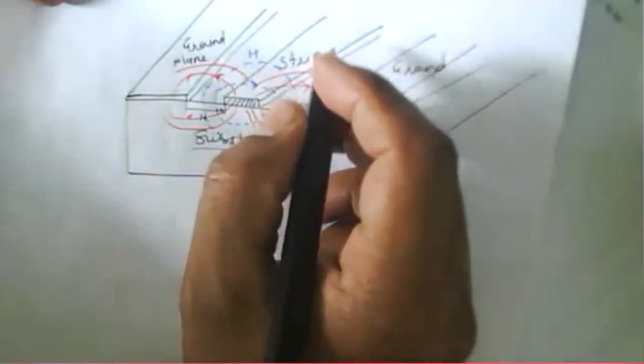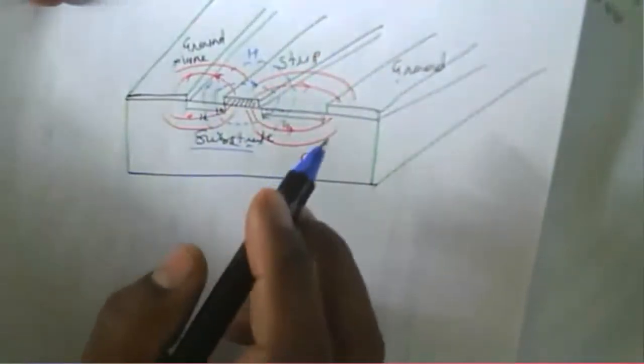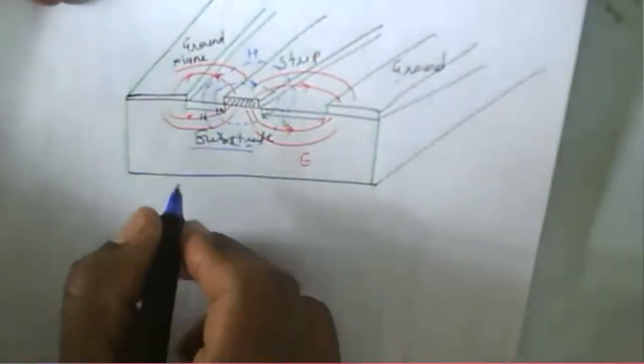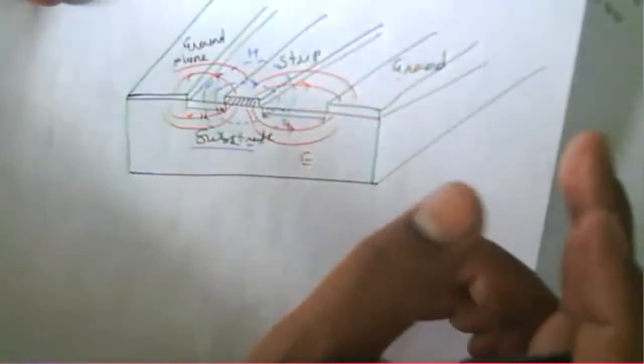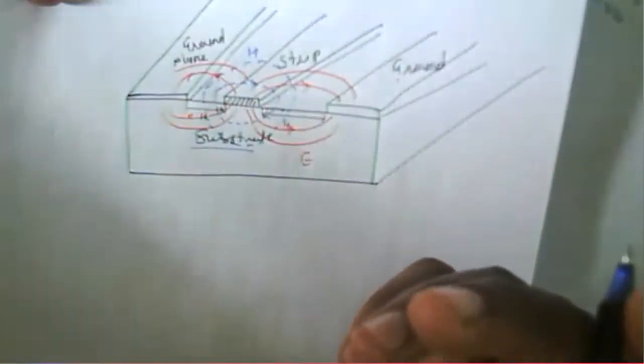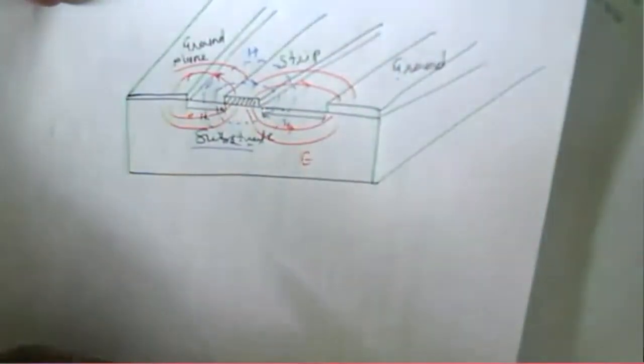Also, in the coplanar waveguide, the metal strip is at the center, so it has a poor heat sinking capability.